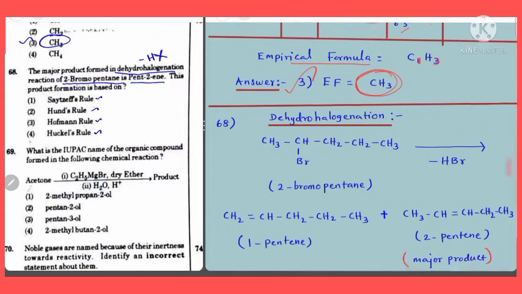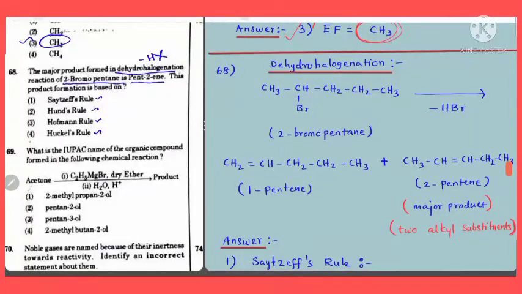Right. So here I have written the compound 2-bromopentane. The numbering can be given this way: bromine at the second carbon of an alkane with single bonds and 5 carbons, so 2-bromopentane. Now when it undergoes dehydrohalogenation, it may lose hydrogen and halogen. There are two possibilities. This halogen can be removed with this hydrogen, which results in the formation of 2-pentene.